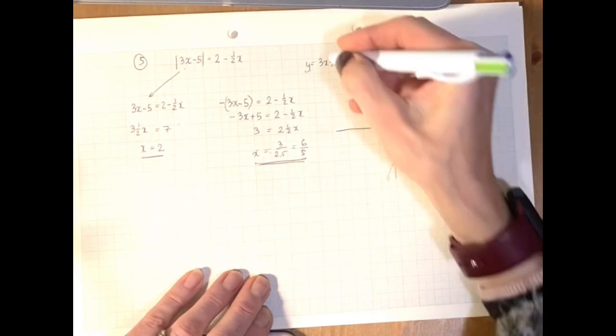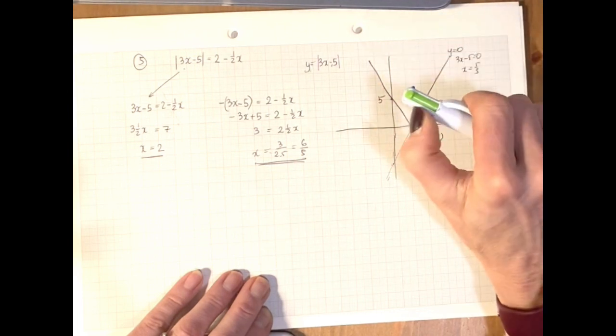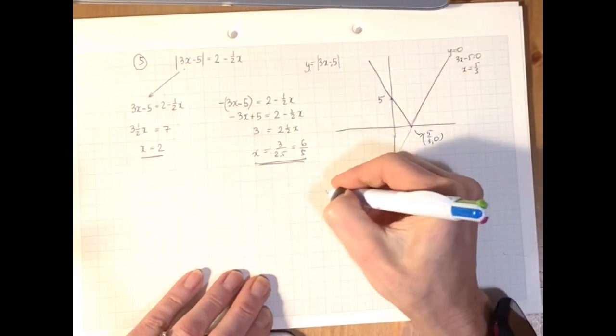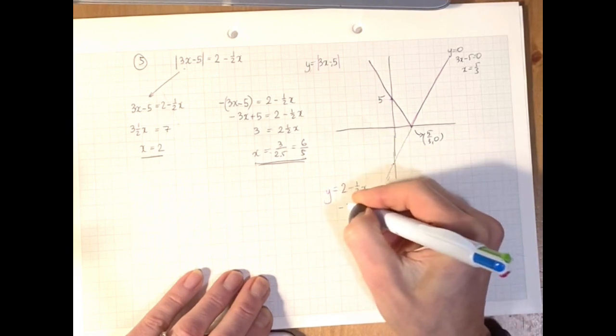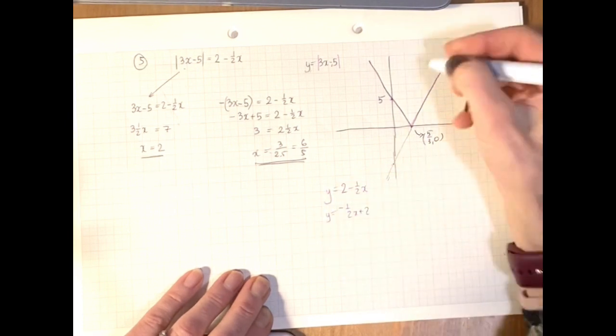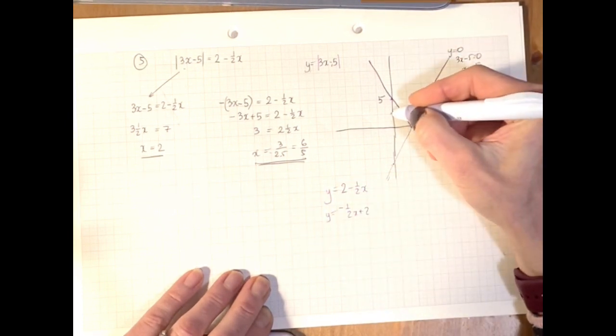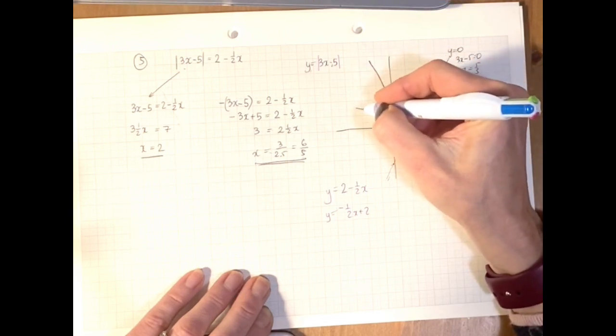So this is the modulus of 3x minus 5. Now the second line, let's draw the line y equals 2 minus a half of x. So it's minus a half of x plus 2 if you prefer to write the gradient part first. It has intercept 2, it's a negative gradient, it's quite a shallow line.